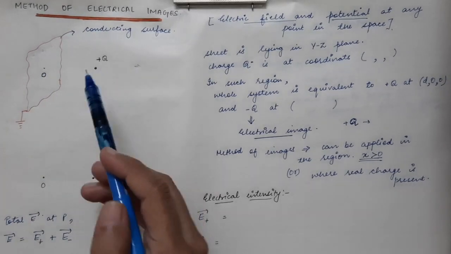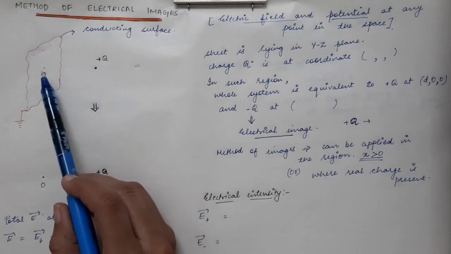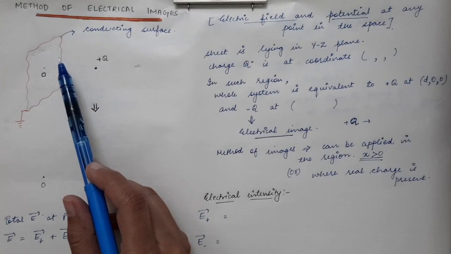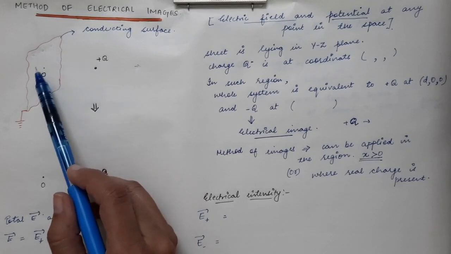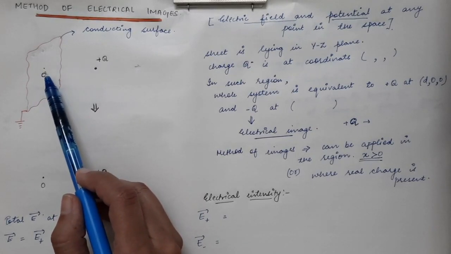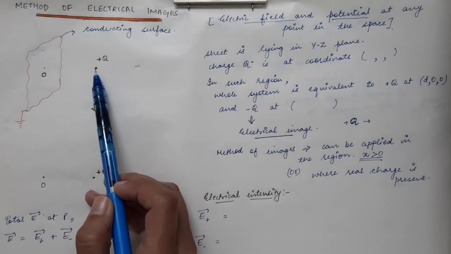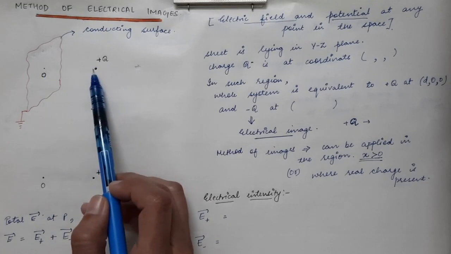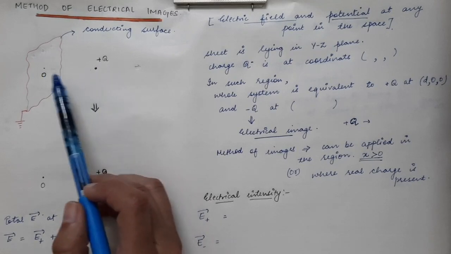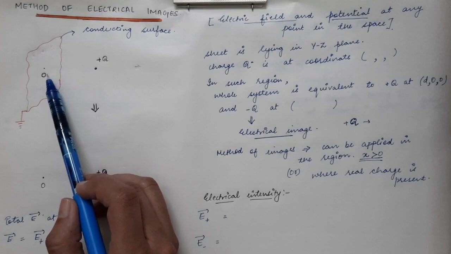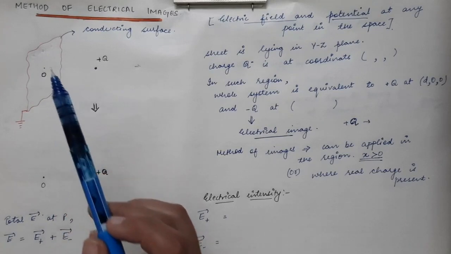When some charge is placed in front of a conducting sheet, which is a conductor, we know equal and opposite charge will get induced on the conductor. So if plus q charge is placed at a distance of, let's say, small d, then minus q charge will get induced on the conducting sheet.